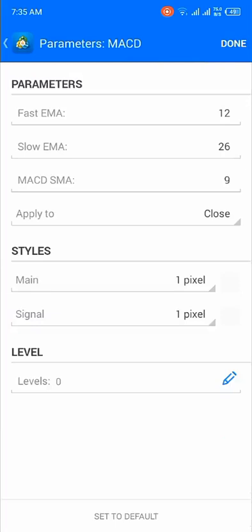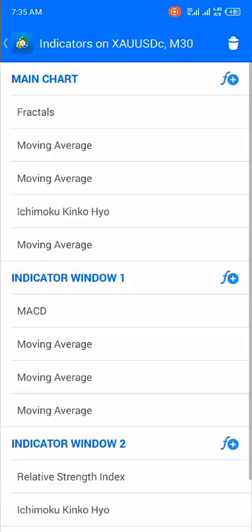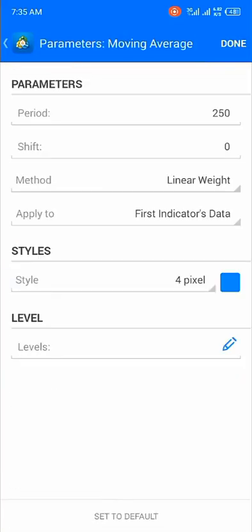The indicators we have: MACD 12, 26, 9, apply to close, no color. Then we have a moving average 250 period, linear weighted, applied to first indicator's data, blue color.